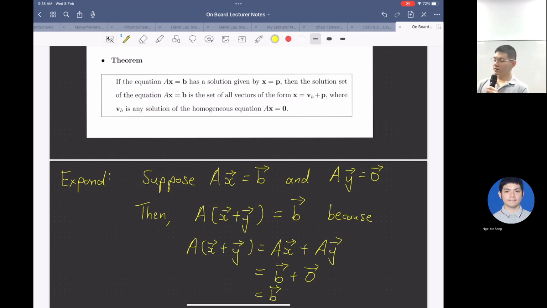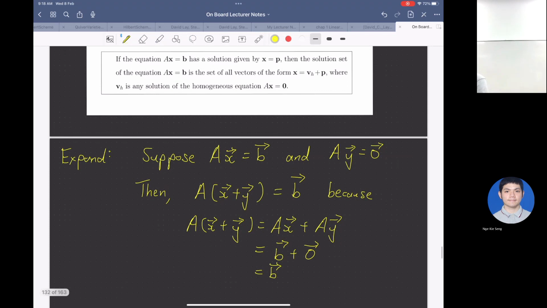So you can add any homogeneous solution to your non-homogeneous solution to get a new solution for the non-homogeneous system.